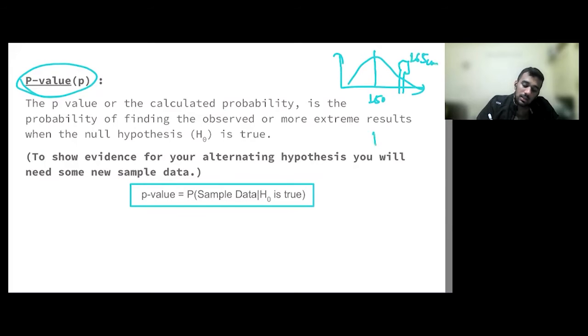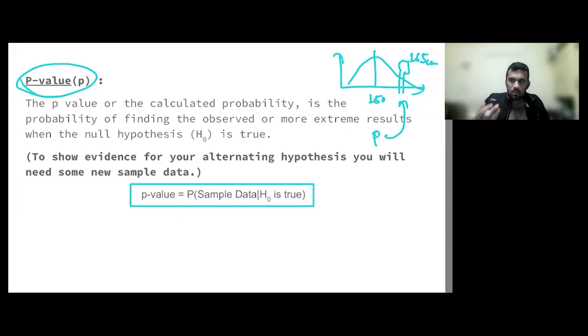What is the probability that that specific set of people will have the average height of 165 centimeter, but still the average height of all the population of Bhubaneswar stays 150 centimeter? So that is denoted by p-value.